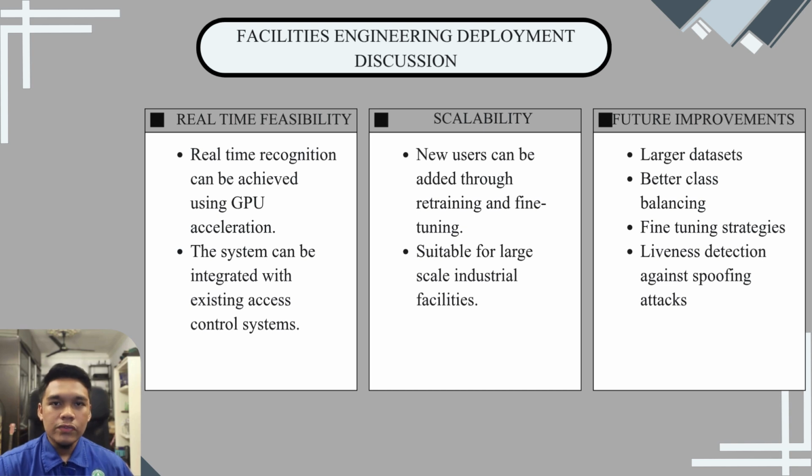Furthermore, a liveness detection mechanism can be incorporated to protect the system against spoofing attacks using printed photographs or digital images. In conclusion, the proposed Swin transformer-based face recognition system demonstrates promising potential for deployment in facilities engineering applications. With further improvements, the system can provide a more reliable, scalable, and secure biometric authentication solution for industrial environments.